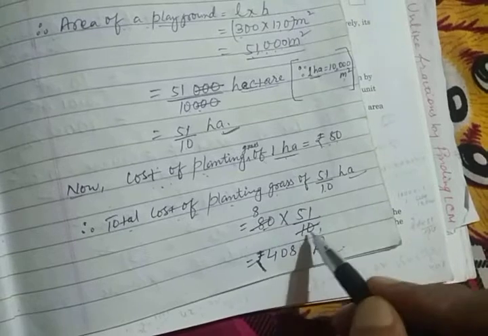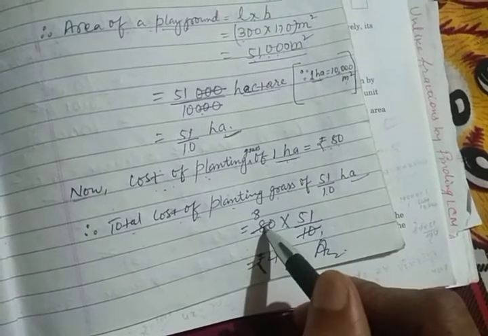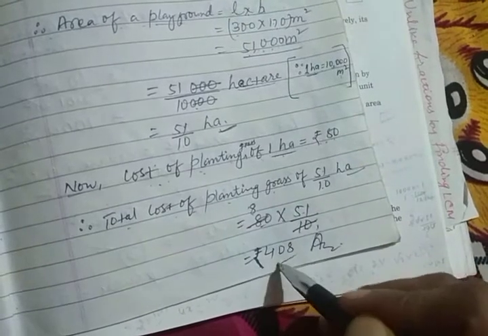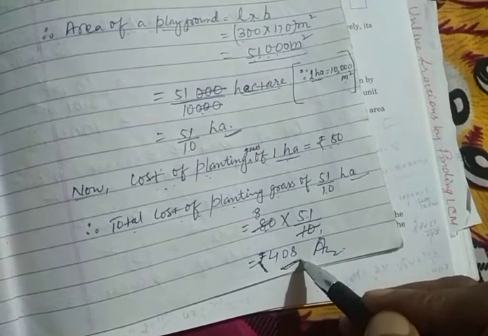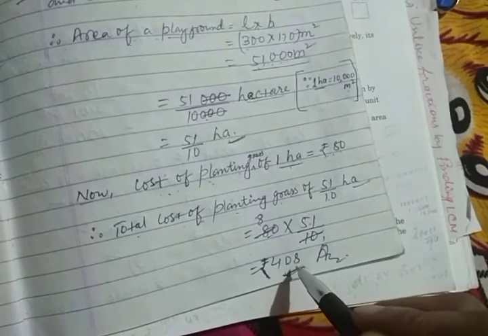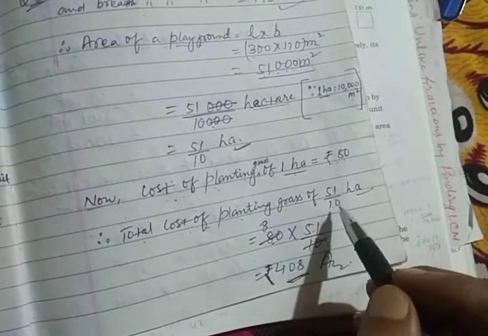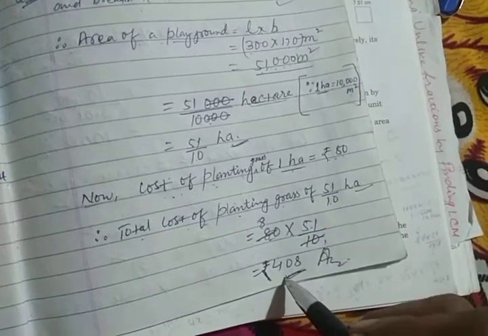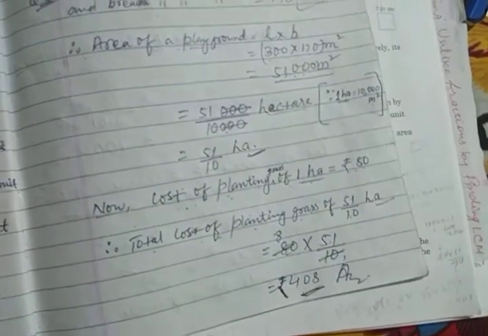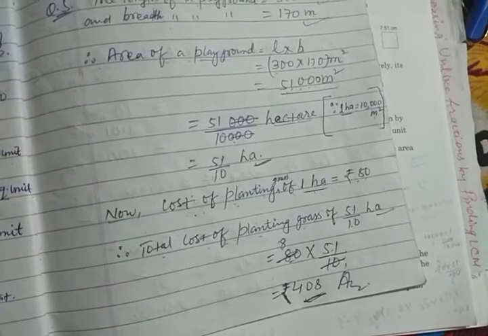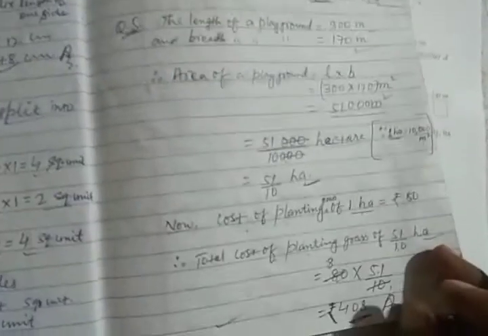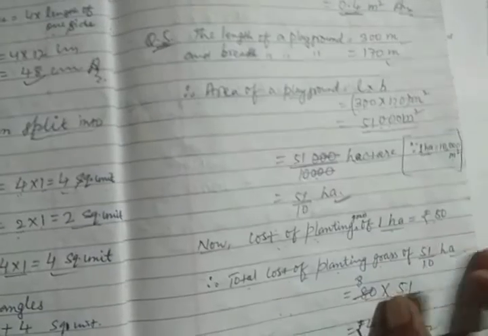So here we cancel 10 with 80, 8. Clear? Now 8 multiply 51 we get rupees 408. So the total cost of planting grass of 51 by 10 hectare is 408 rupees. Clear? So I think this is your last question of this exercise.